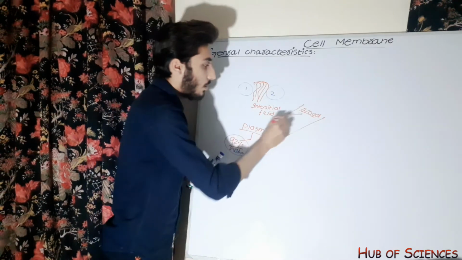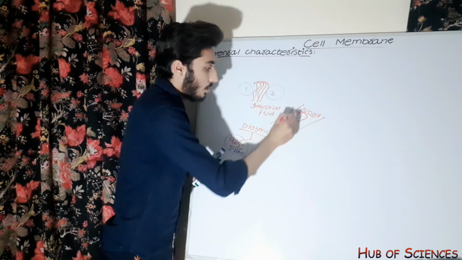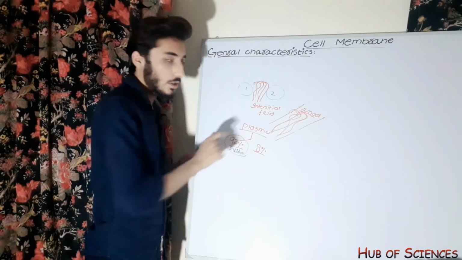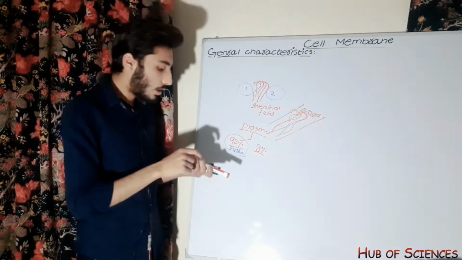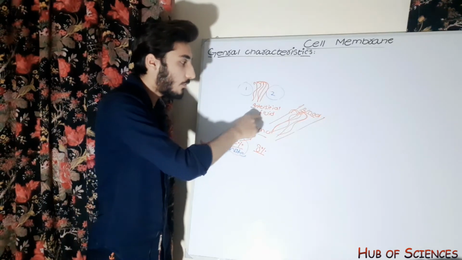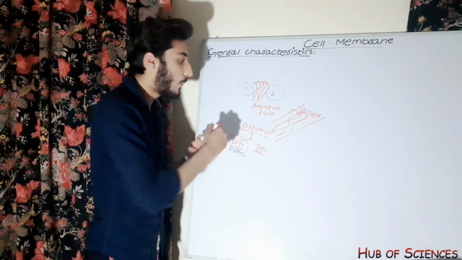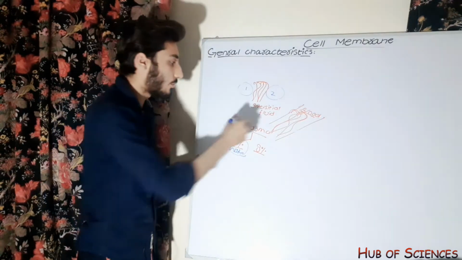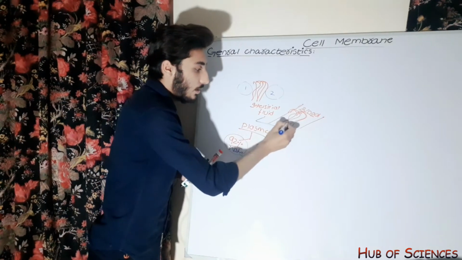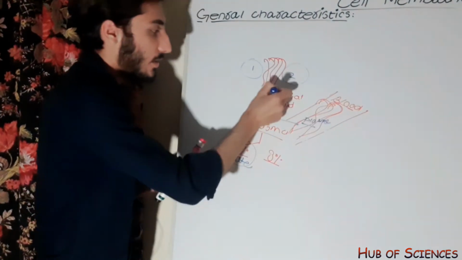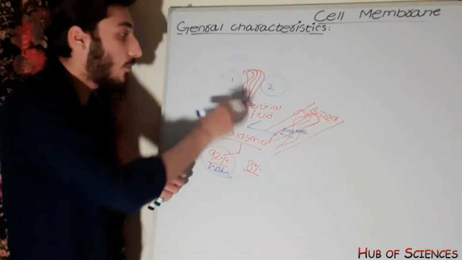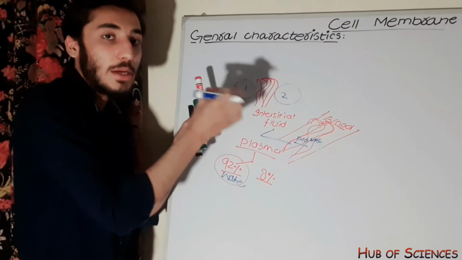Suppose this is the blood in which the water is present. So we call this interstitial fluid and this plasma in the blood both the extracellular fluid. This is the plasma in the blood, and this is the interstitial fluid. What is the interstitial fluid? The fluid which exists between two cells.